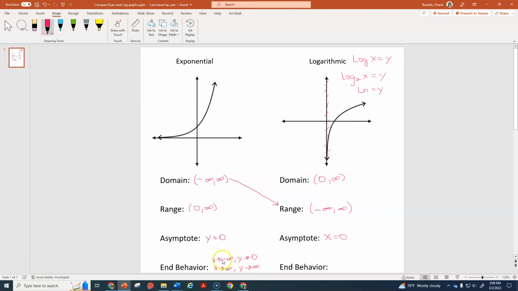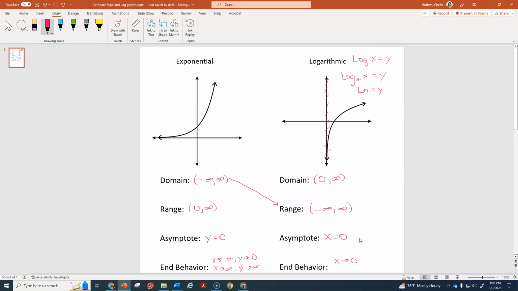Normally on the exponential, I looked at going to negative infinity on the x-axis and then positive infinity on the x-axis. Remember, now I don't go to negative infinity on the x-axis. Over there, it was my y value that approached the asymptote. So over here, it's going to be my x value that's approaching the asymptote. My x value is not going to go left.